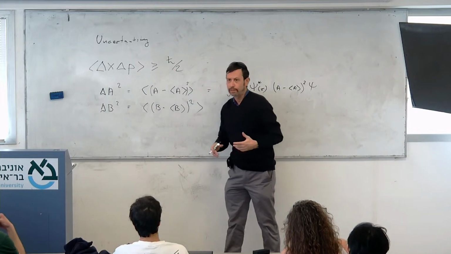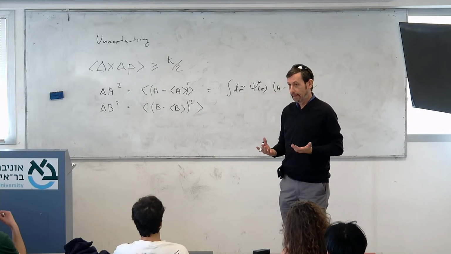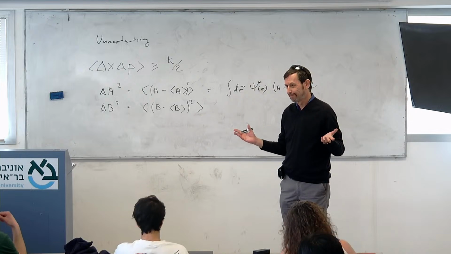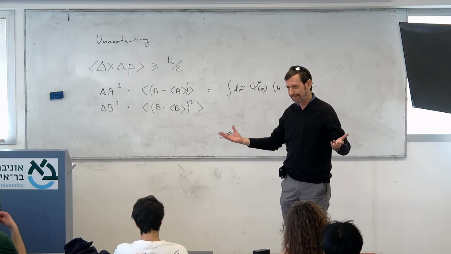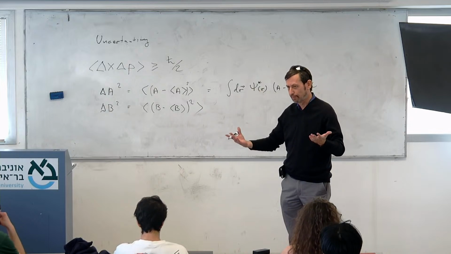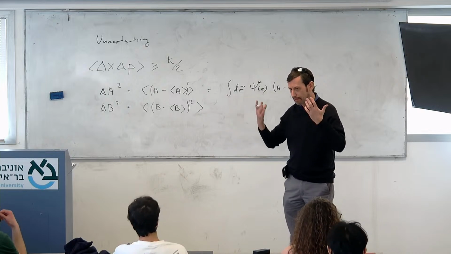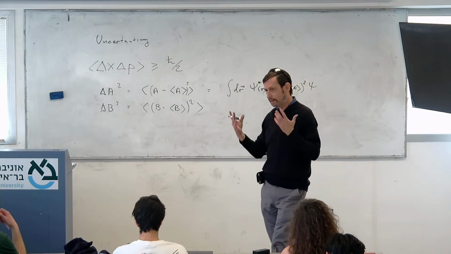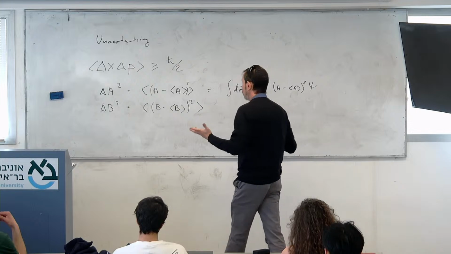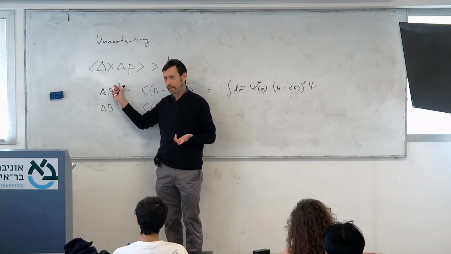Some of you have heard the concept of entanglement. Entanglement is defined for a specific wave function. It's not a general concept. I can't ask what is the entanglement of a system. I can ask what is an entanglement for a given wave function. Same thing here. I can't ask what is the variance of the operators.